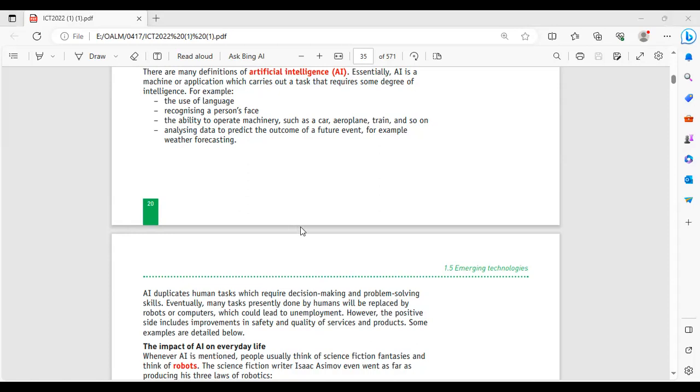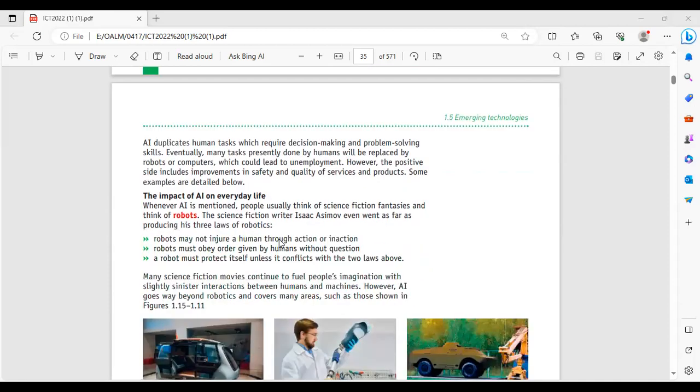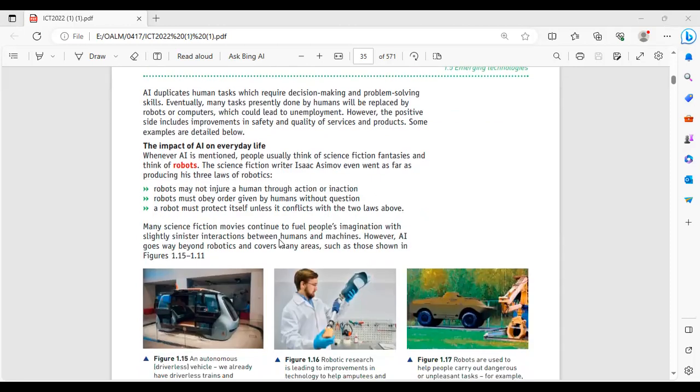And AI basically duplicates the human tasks, which require decision making and problem solving skills. Eventually, many tasks presently done by humans will be replaced by robots and or computers, which can lead to unemployment. However, the positive side includes improvements in safety and quality service.